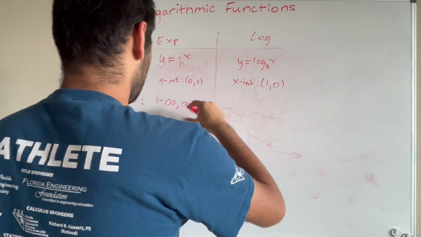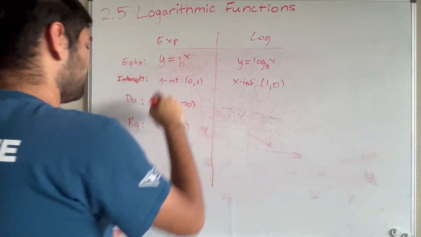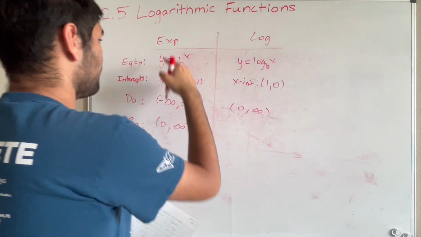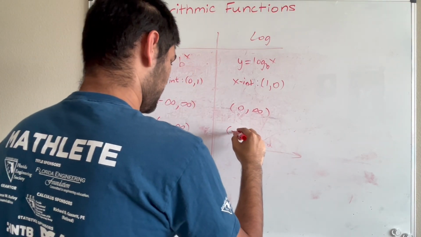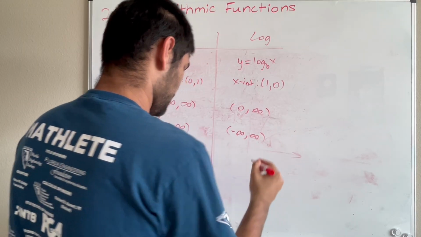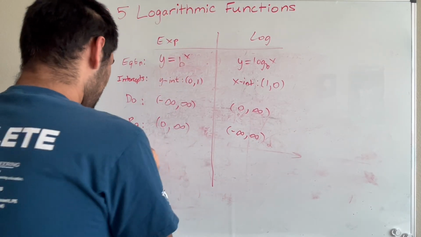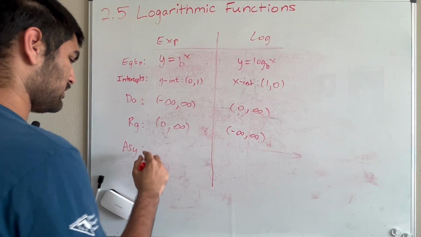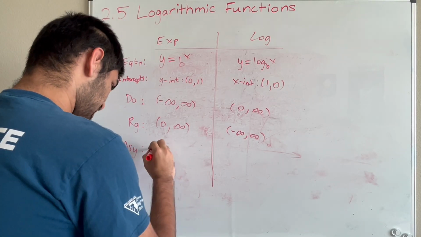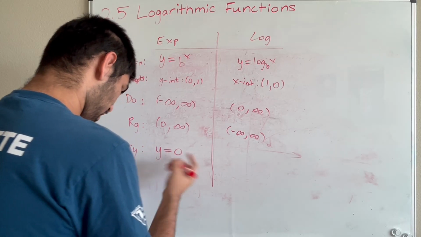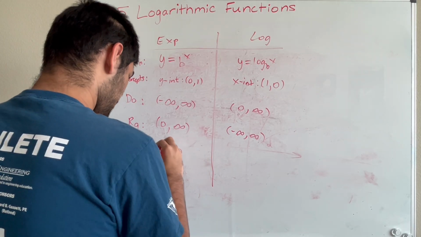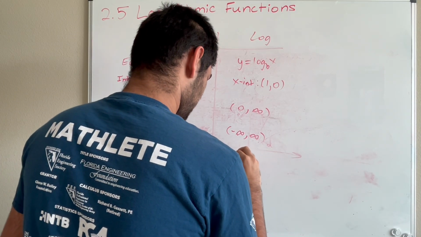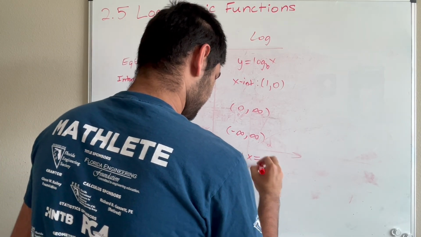For log, domain and range are switched: the domain is 0 to infinity, and the range is negative infinity to infinity. And then asymptotes: the exponential parent function has a horizontal asymptote at y equals 0, and the log has a vertical asymptote at x equals 0.